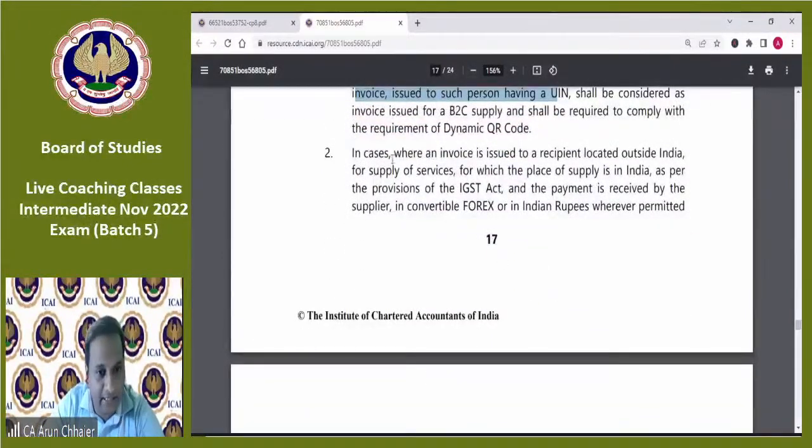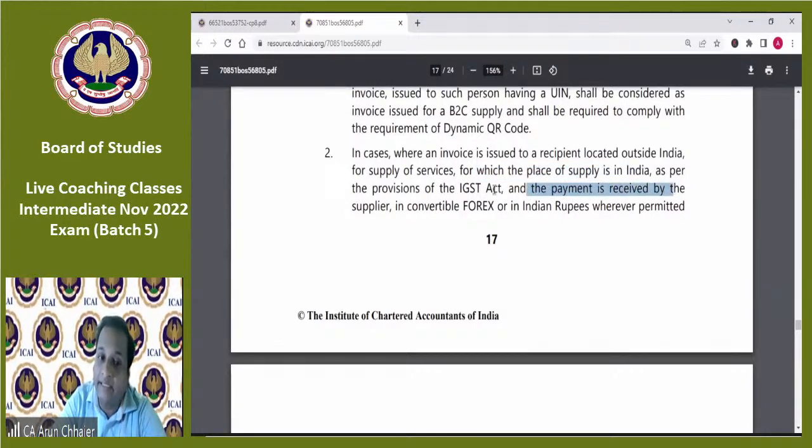Next, in case where an invoice is issued to the recipient located outside India for supply of service for which the place of supply is in India, that transaction cannot be considered as export. For export, there is a provision that the place of supply should also be out of India. In this particular point, we are talking about the place of supply being in India as per the provision of IGST. So therefore, it is not export.